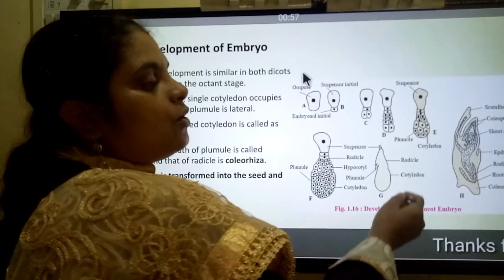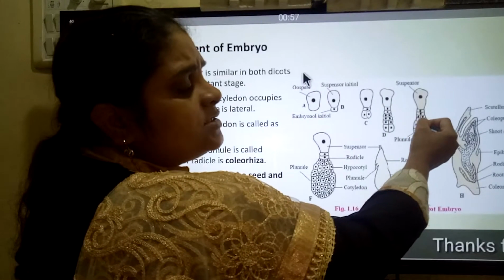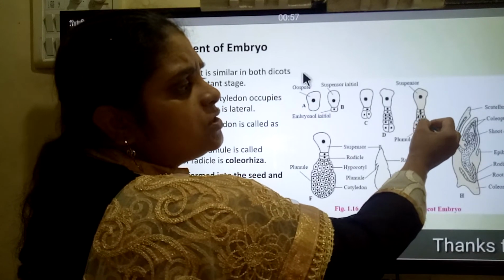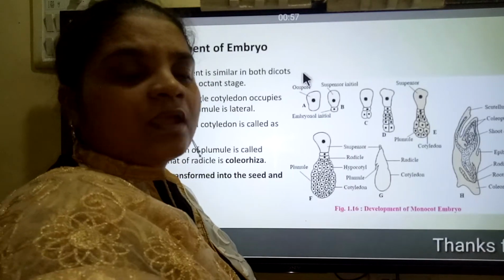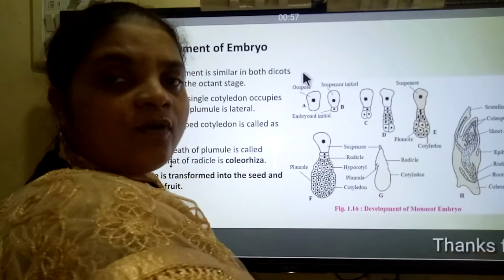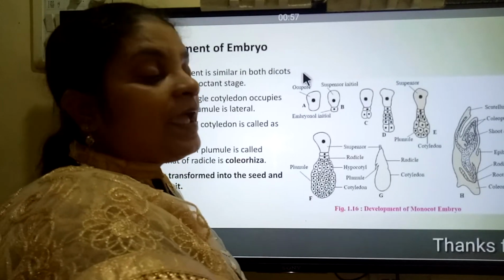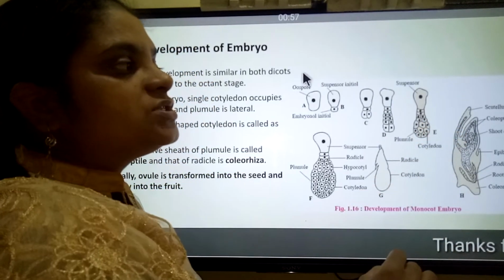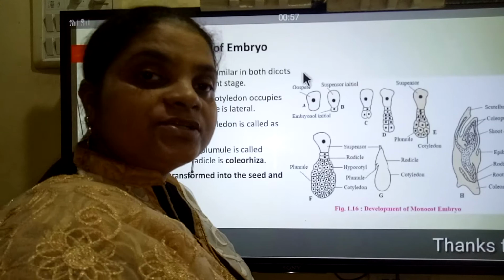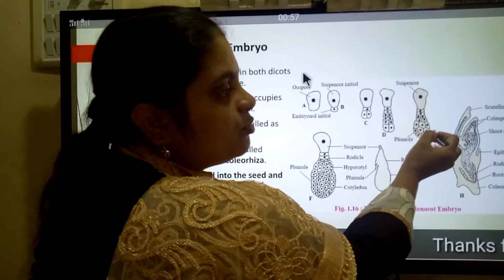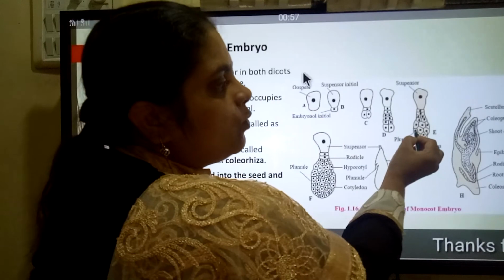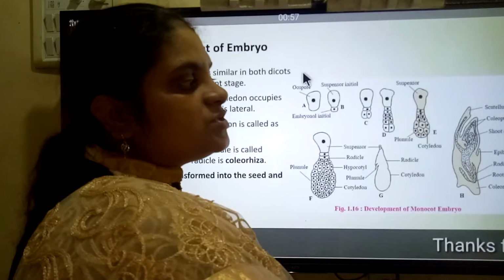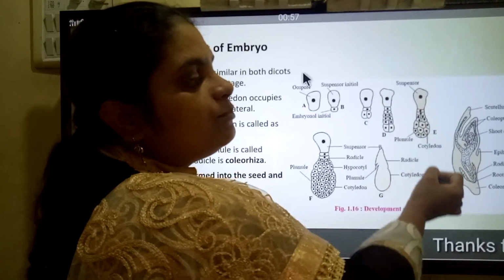Now there is a lowermost tier of 4 cells, 1, 2, 3, 4. This lowermost tier divides and forms the hypocotyl and radicle. The uppermost tier of 4 cells, 1, 2, 3, 4, forms the cotyledon and plumule.